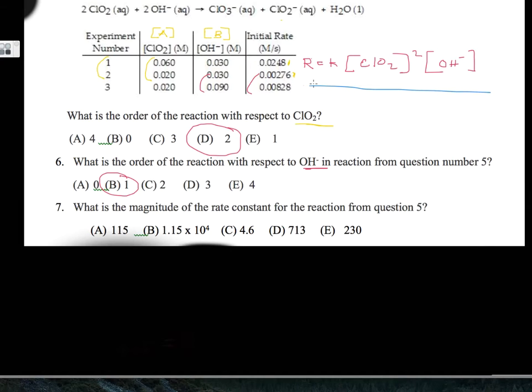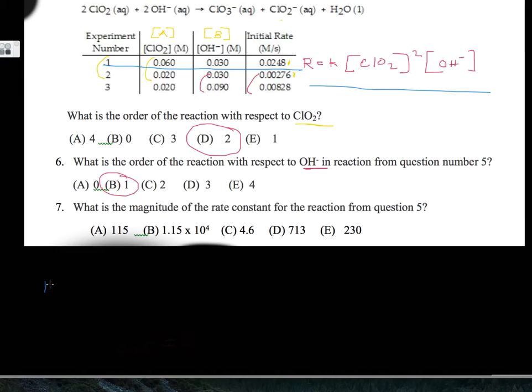So what we can do is essentially plug in one of these rows, these three values, into this, and it doesn't really matter which one we choose, and we will get our K, our rate constant.